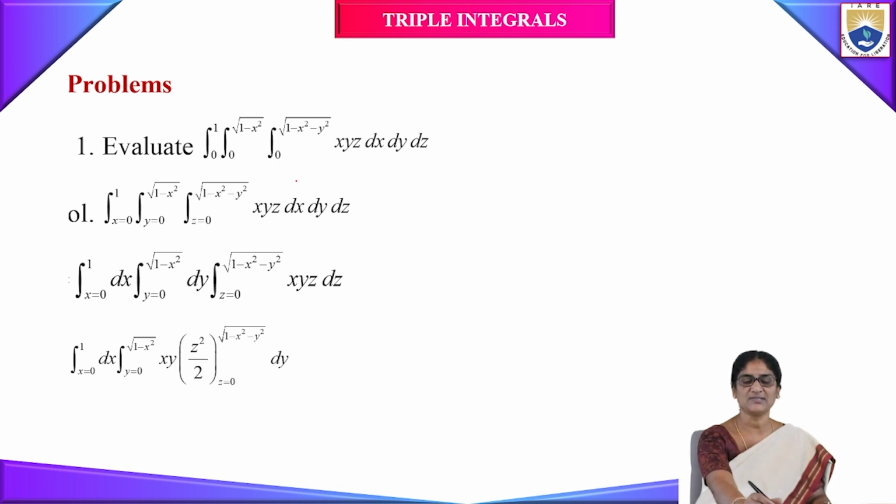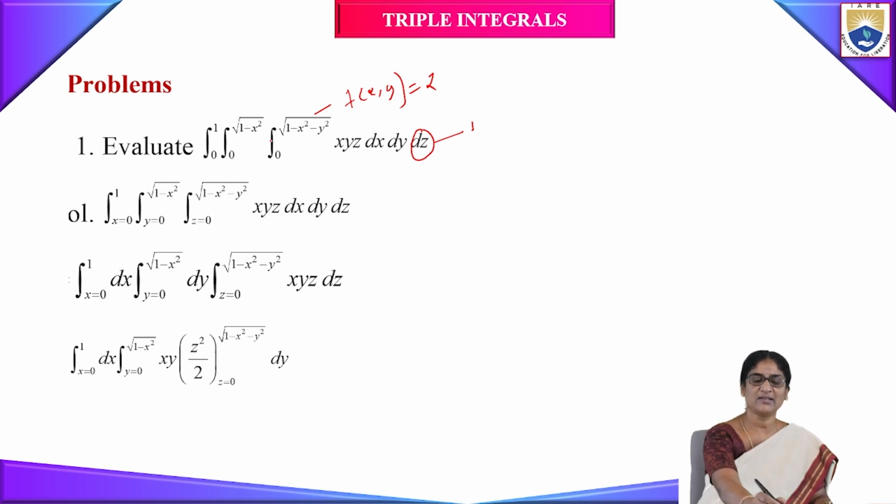The limits are functions of x and y. That means these are the values of z. So the integral for z is done first. Then the triple integral is converted to a double integral, and z is eliminated after converting this.